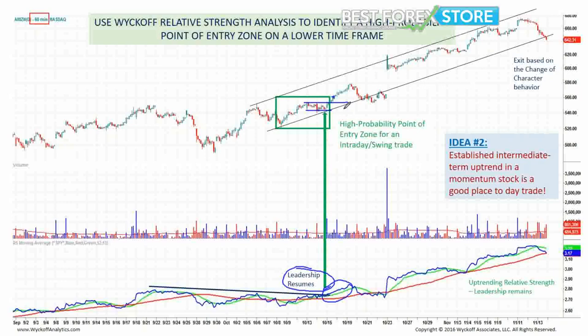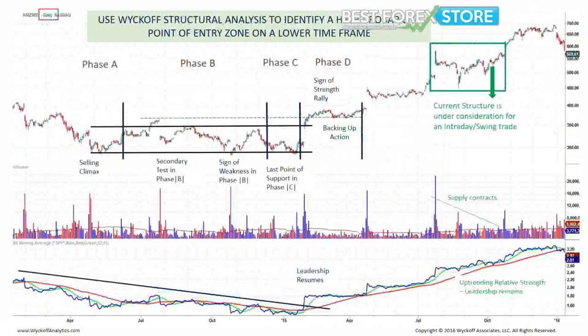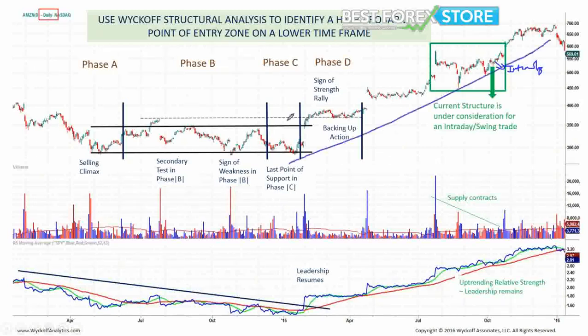And you can do both, but my idea today, one of the main ideas, is going to be: if you're opening a position on the intraday basis here, and you are in the stock that is in the established uptrend, you are in the momentum popular stock, and you're anticipating a potential swing move to the upside, try to leave this position on if it's entered at the correct timing, and try to capitalize on this move, because it's going to bring you more profits, and it's going to also keep you away from potential mistakes on the way up that you're going to make by day trading.